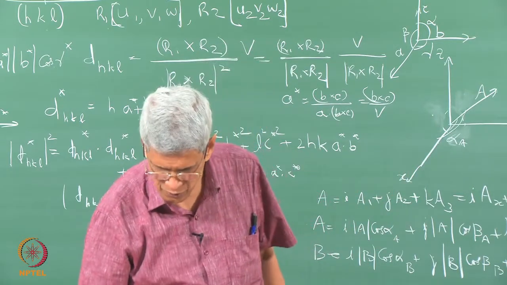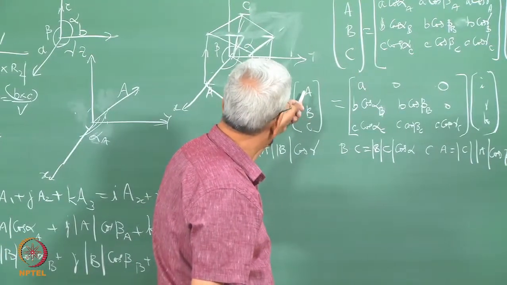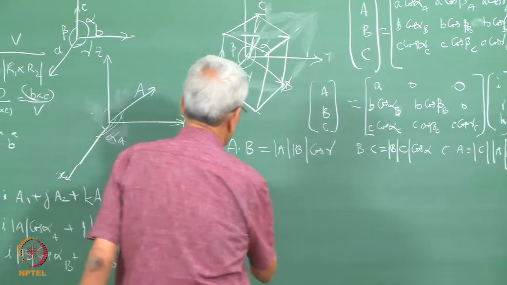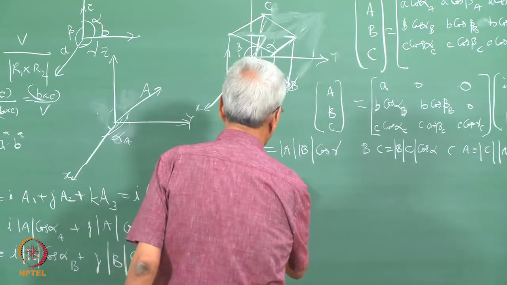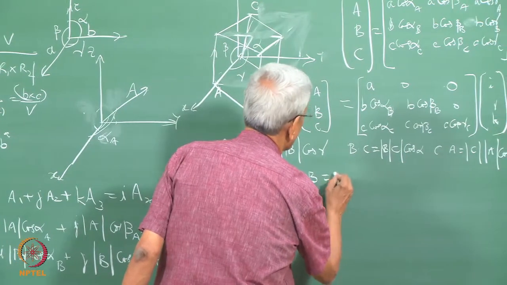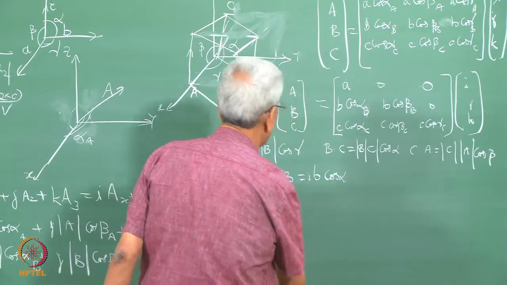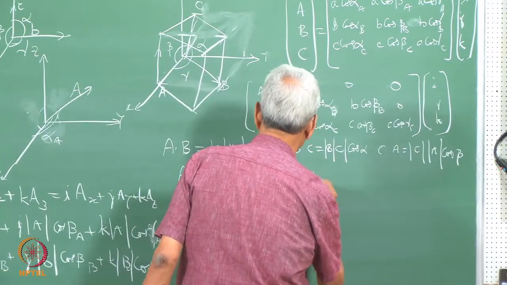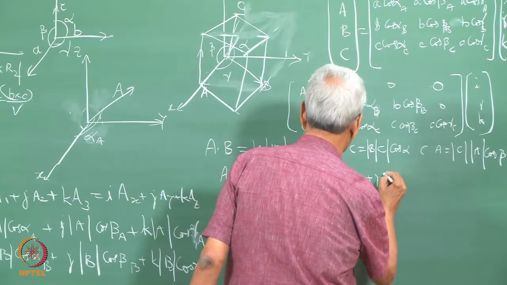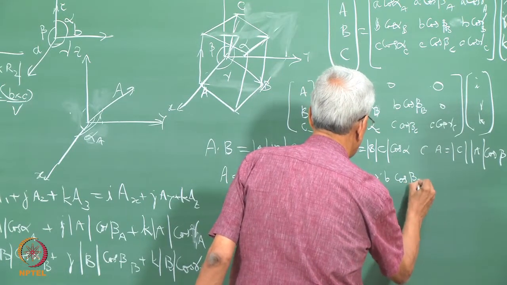So, if we try to do that, you know what will happen. A dot B, if we try to do it, what is A here? It is equal to i into A, correct. What is B? It equals i into B cos alpha B plus j into B cos beta B, correct.